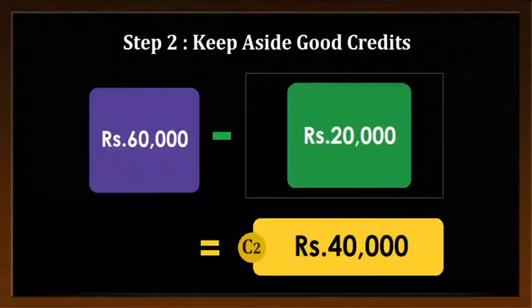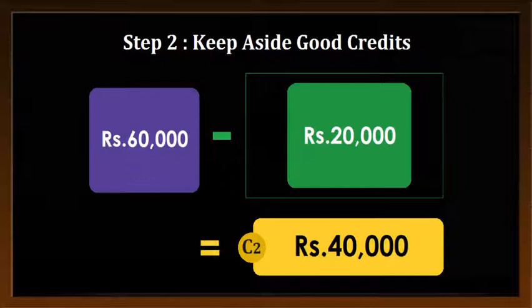Is it only 28,000 rupees or we have to add something else as well? We have to add something else as well. What is that else part? In step number 2, we already removed the good credits, which was totally good. So that plus the C3 balance we need to add. So what is the total good credit in this problem?